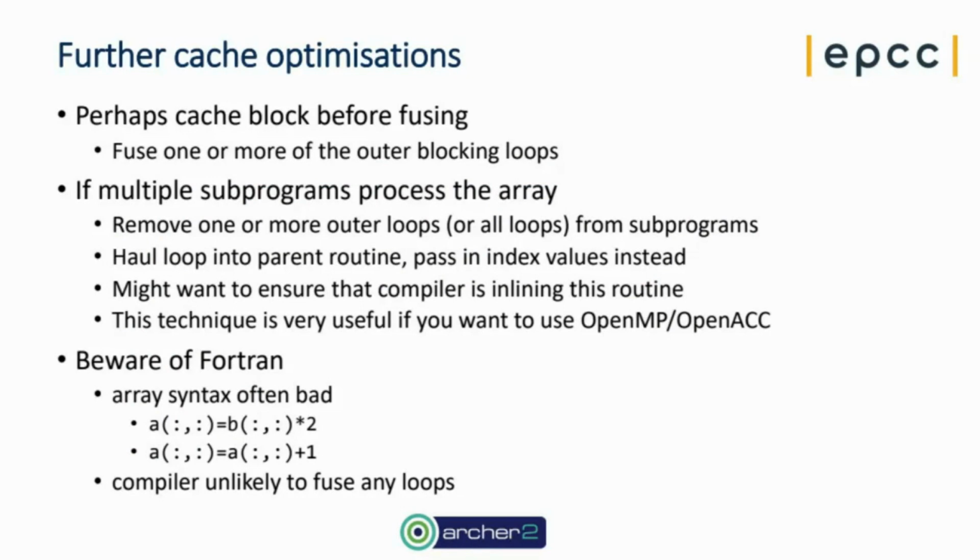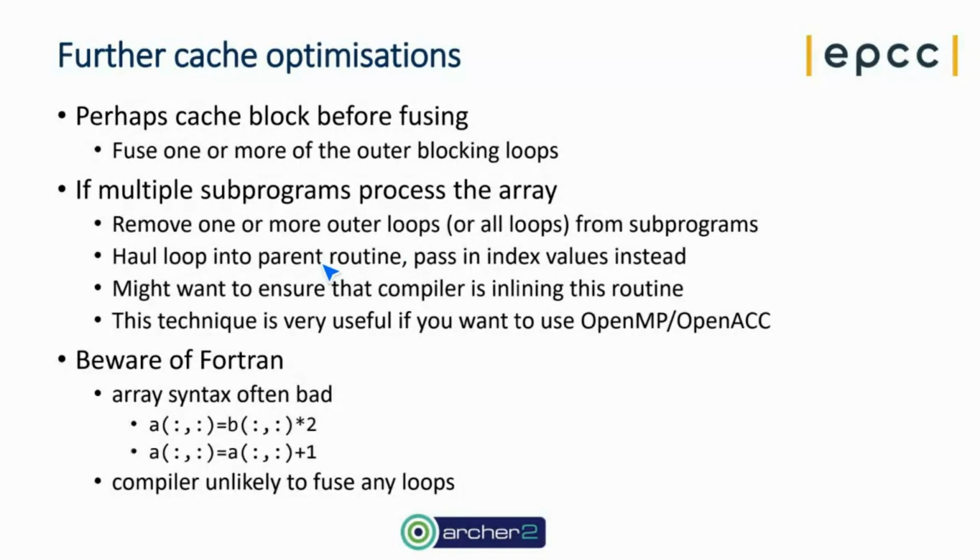So you can think about combining this with cache blocking as well. And then also think about what happens if we've got function calls inside. Okay, so we can also do a similar kind of thing, which would be to basically haul the outermost loop outside of the subroutine.